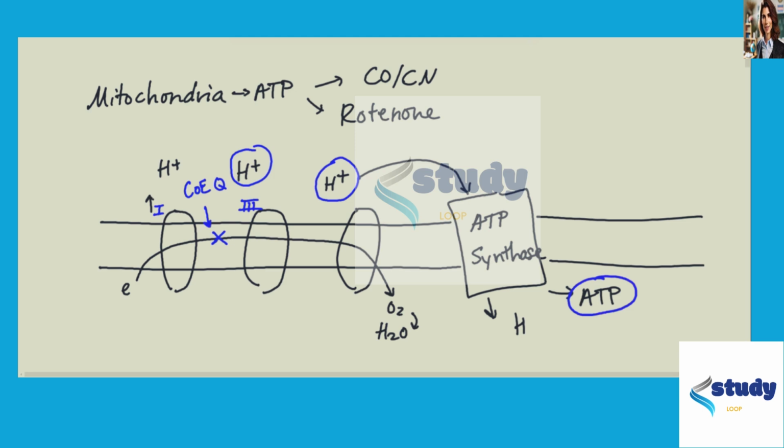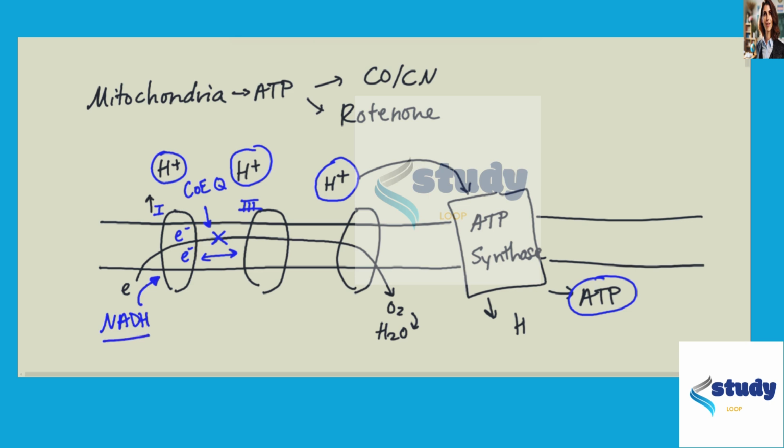As you have this decrease of hydrogens in the intermembranous space, you have a pileup of electrons as they can't be carried over from protein 1 to protein 3. You're also going to get a buildup of NADH because it can't deposit its electrons through the system anymore.